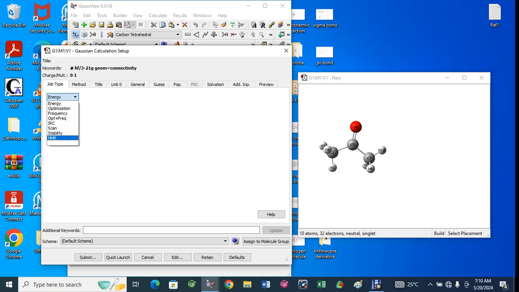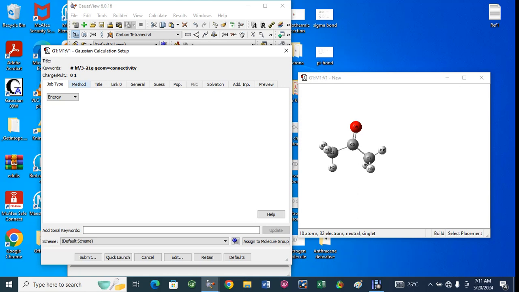These are all quantum calculations that Gaussian can do. Energy, optimization, frequency, optimization plus frequency, IRC, scan, stability, and then NMR. These are all jobs that we can perform on Gaussian. Then we can move on to the second functionality we have, which is the method.